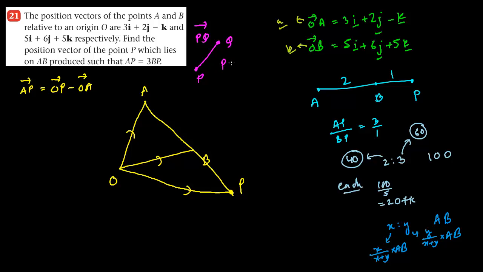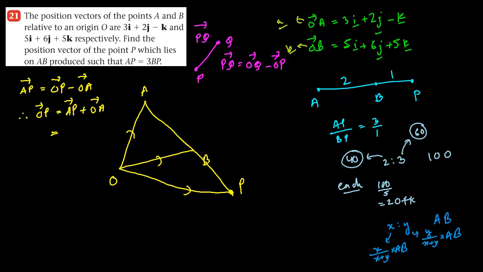So the vector PQ would simply be the position vector of the terminal point, OQ, minus the position vector of the initial point. So that's the position vector rule for finding vectors. So in this particular question, we have to find OP. So OP would be simply, if I send this OA to the other side, OP equals AP plus OA.